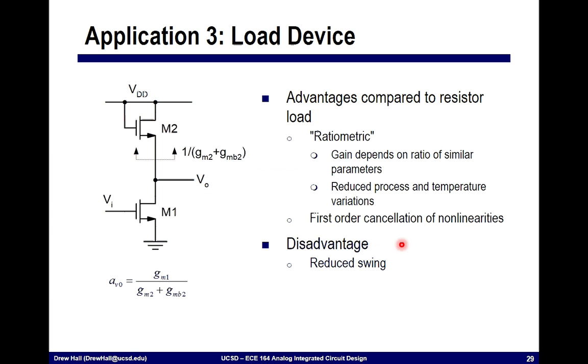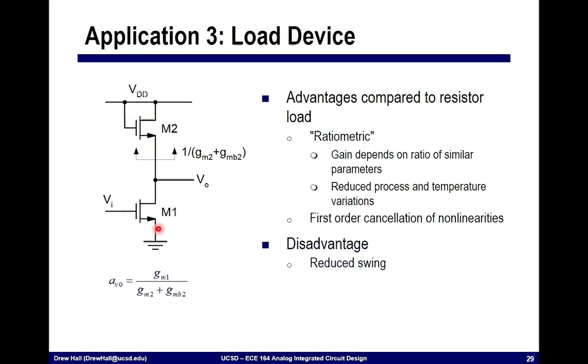So the last application is actually one that we've already seen, and we've even designed circuits with this. It's using the transistor as a load device. Okay, so here we're taking our common source amplifier and we're taking M2 and we've effectively diode connected it. Okay, now the impedance that we see looking up into M2, considering the body effect, is 1 over GM plus GMB2.